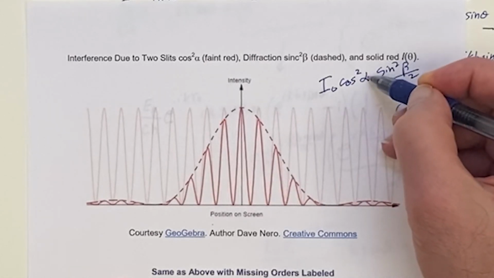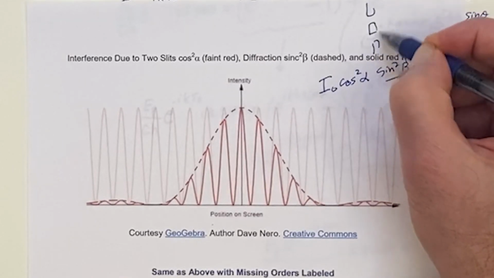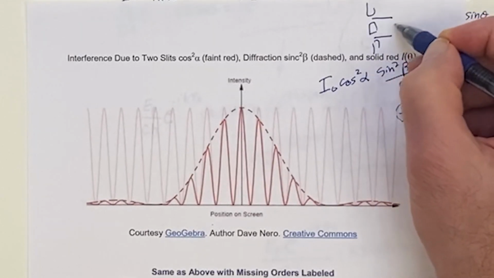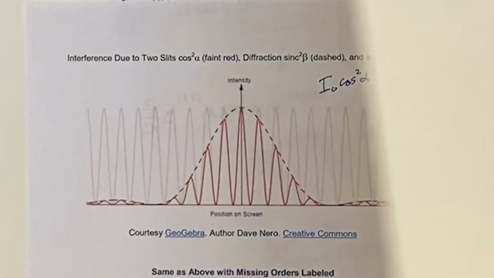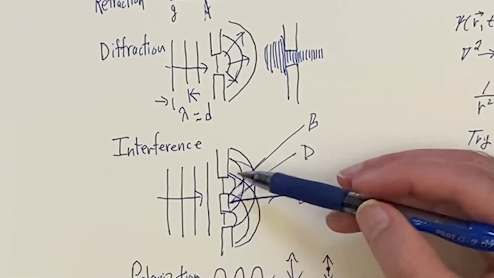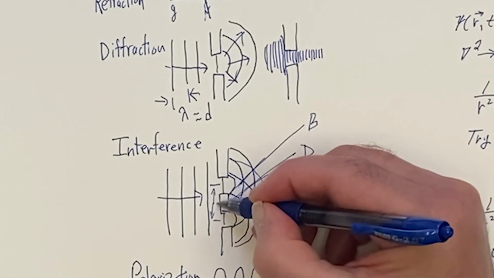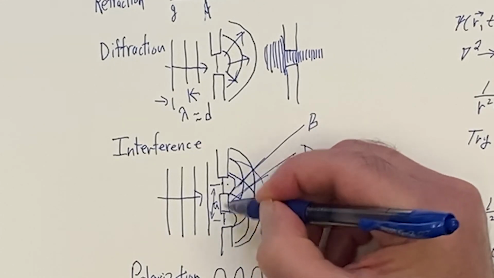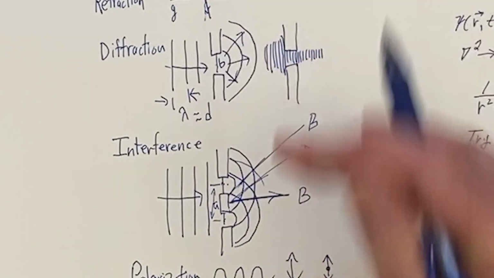And the A that goes with the alpha is the distance between the two, which initially, if you recall, when I did that one, that was what I called interference. So this is called interference. This is like the A, the distance between the centers of the slits, and this is the B. I call that the diffraction.